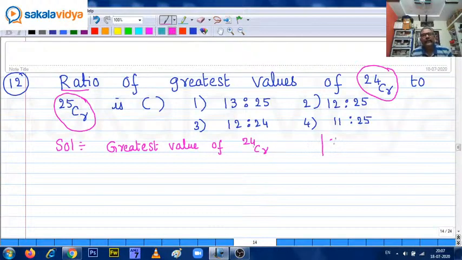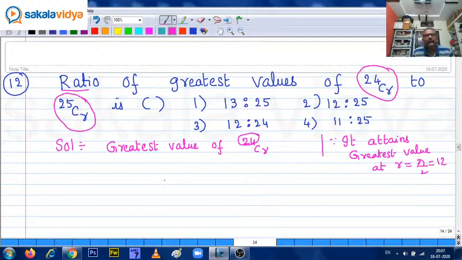It attains its greatest value at r equals n by 2, because here n is 24, an even number. That means 24 by 2, which is 12. So the greatest value is 24C12.